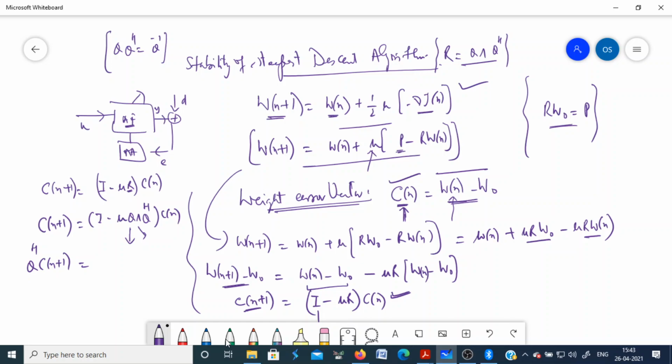This is a property of the Hermitian matrices that we have discussed when we studied eigenvalues and eigenvectors. So based on this property, if you pre-multiply this equation with Q^H on both sides, what you will get, Q^H C(n+1) will be equal to (I minus mu lambda) into Q^H C(n).